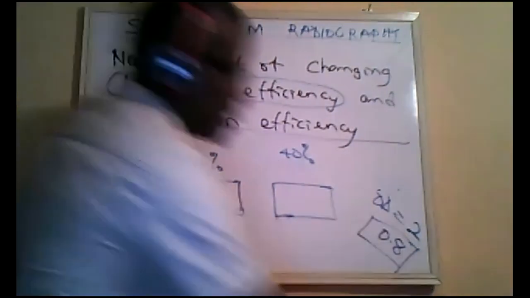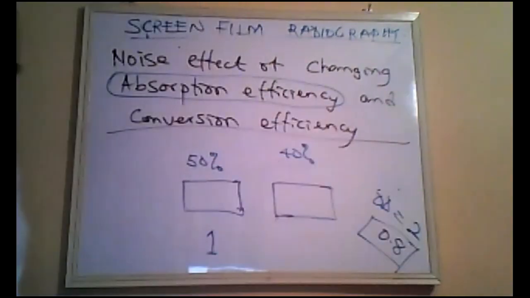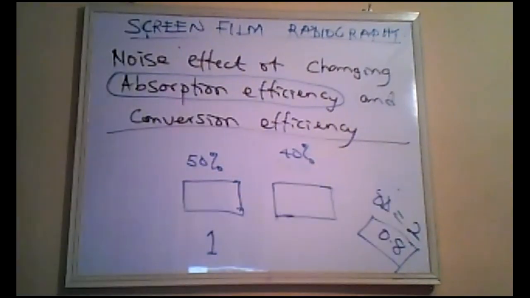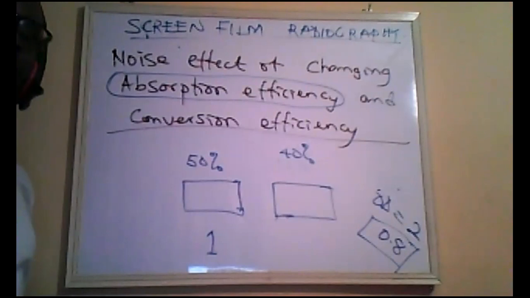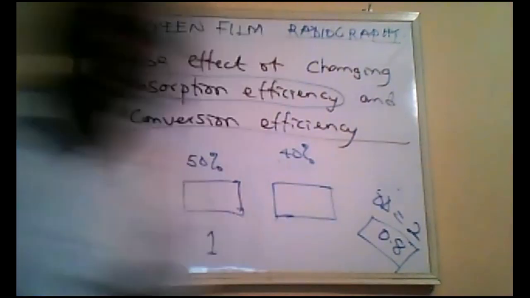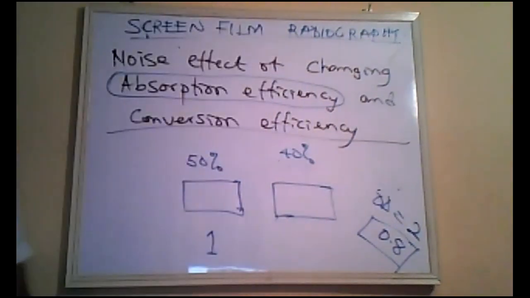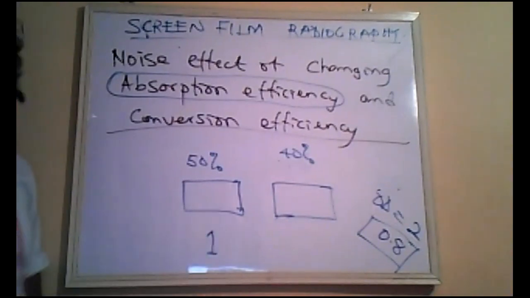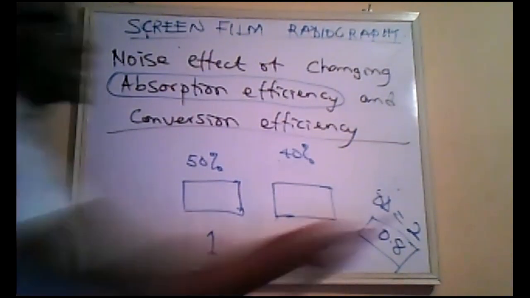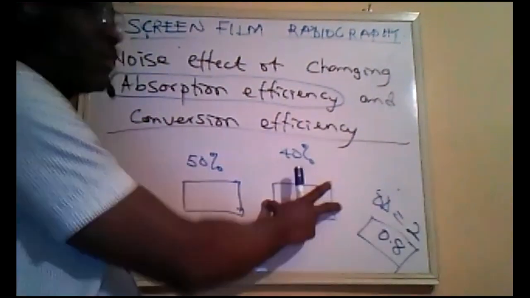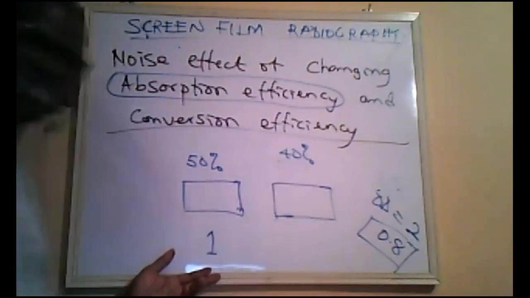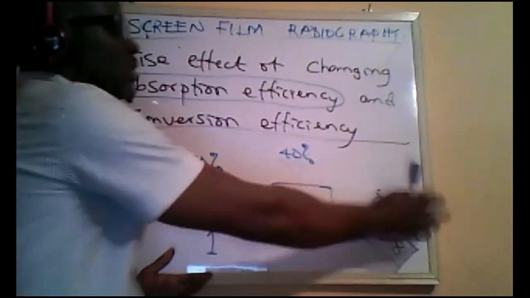It's only when the system has reached an optical density of 2 that the photo timer will now stop. Because actually these things happen with AEC, automatic exposure control. So if the optical density hasn't reached 2, the light photons that will be responsible for this exposure will still be on until it has reached an optical density of 2.